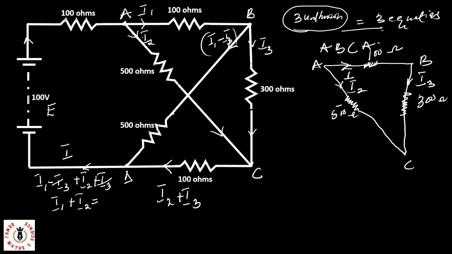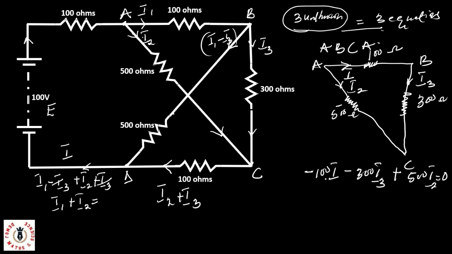I3. So obviously, using our voltage law, we'll be saying that minus 100 I1 minus 300 I3 plus 500 I2 is equal to 0.